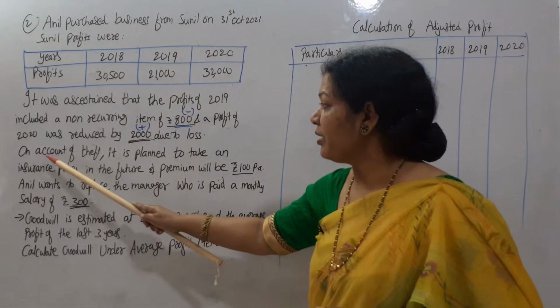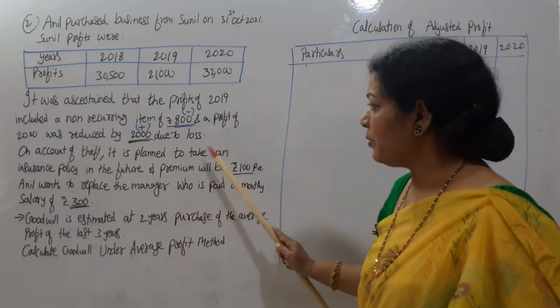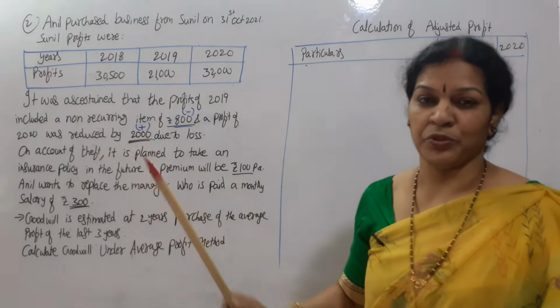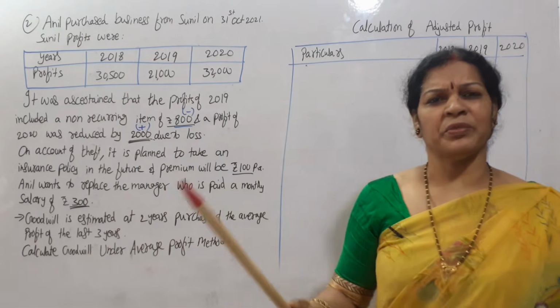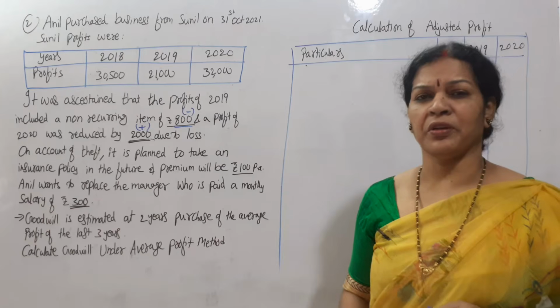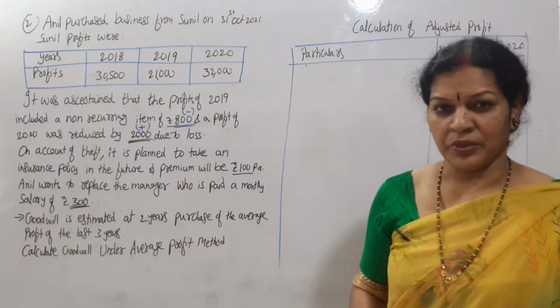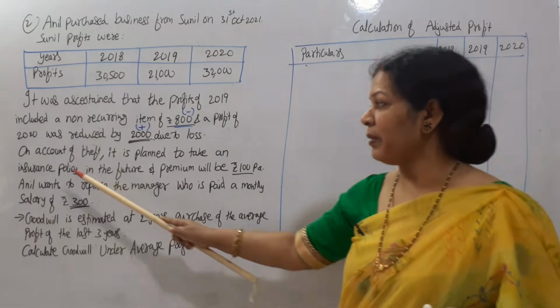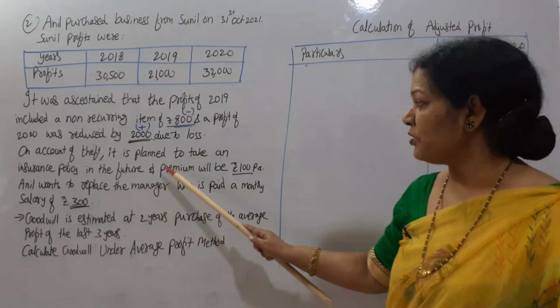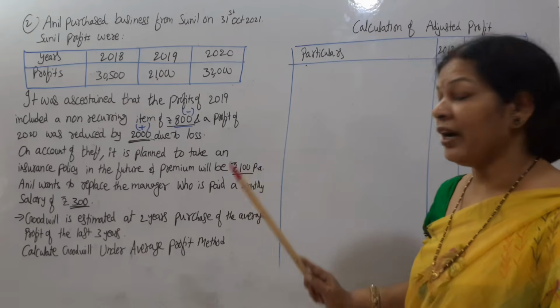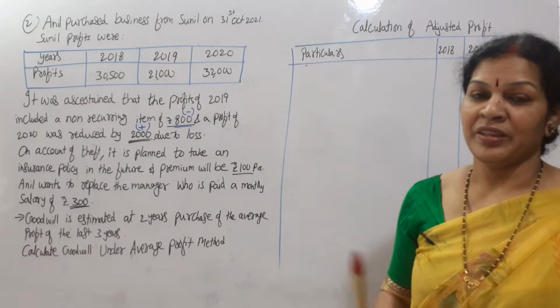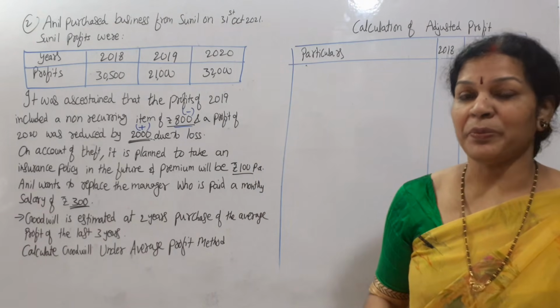Next, on account of theft, it is planned to take an insurance policy in the future. Theft happened, so in future it should not happen. To recover such kinds of losses, we are planning to take an insurance policy, and the premium will be 100 rupees per month.